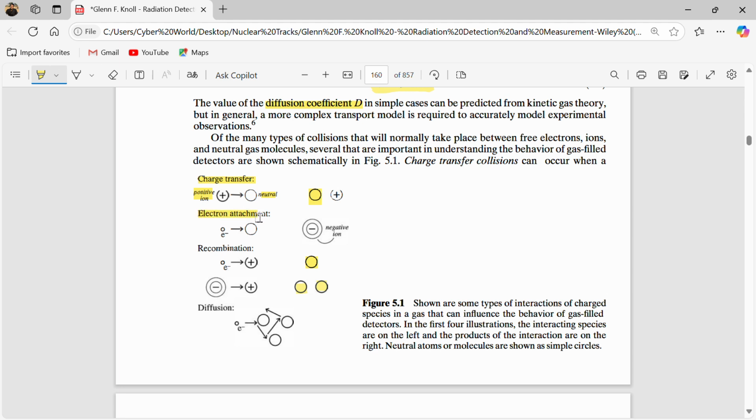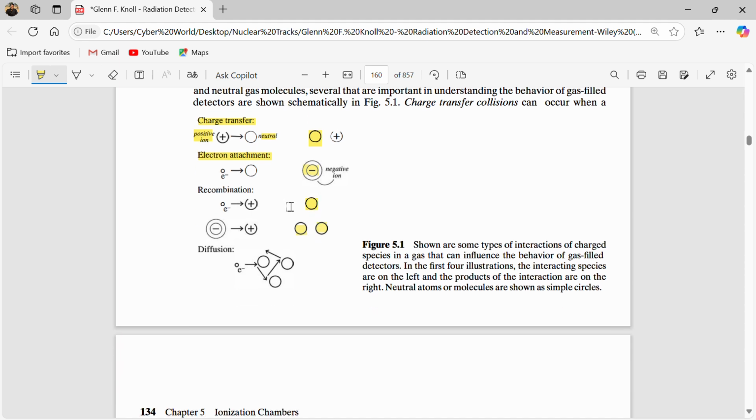The other interaction is electron attachment. If an electron comes with a neutral, it interacts with the neutral and goes inside, becoming a negative ion. The other interaction is recombination. If an electron interacts with a positive ion, the positive and negative become neutral, so a neutral atom is formed.